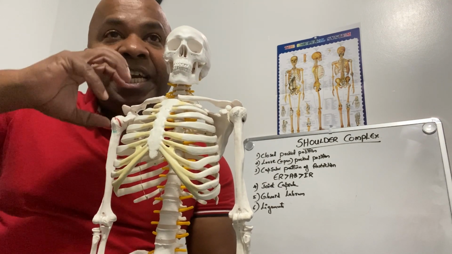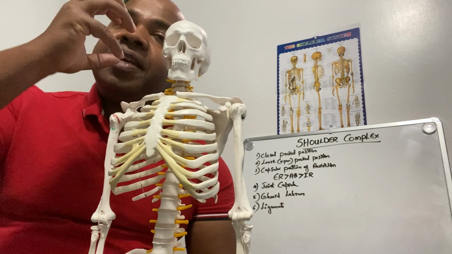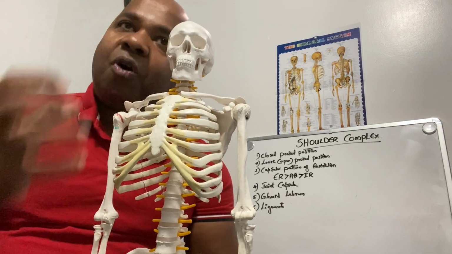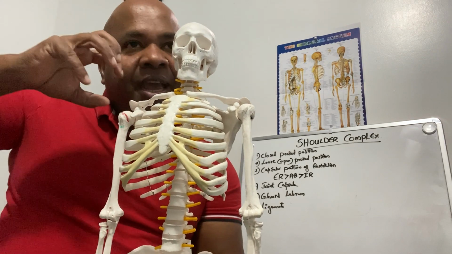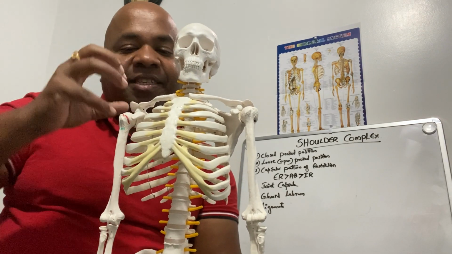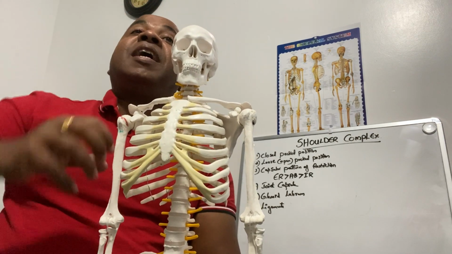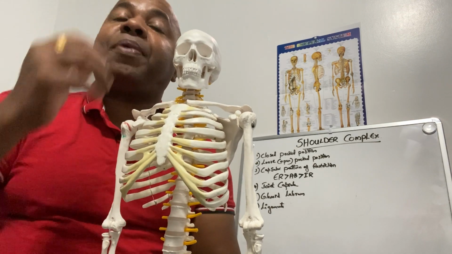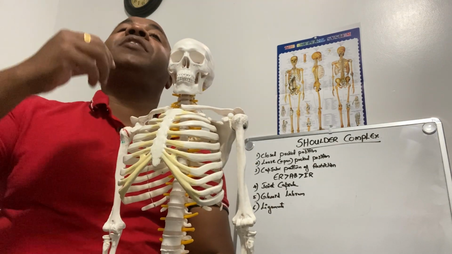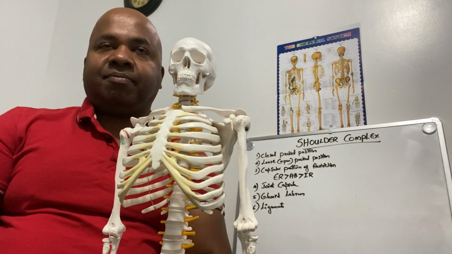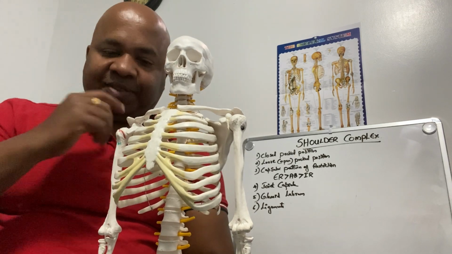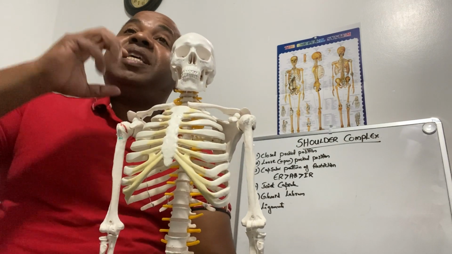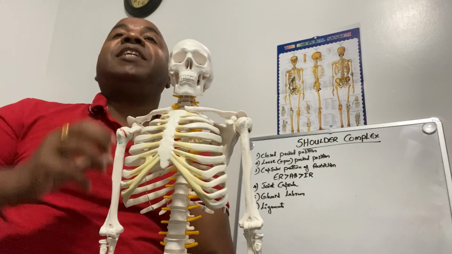Its function is to deepen the articulating surface of the glenoid fossa so that the head of the humerus can articulate deeply inside it, thereby preventing dislocations of the shoulder joint. You got it? Yes.